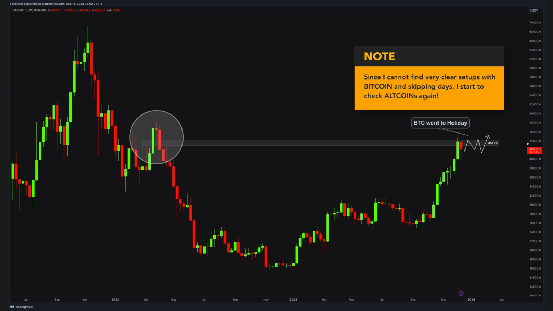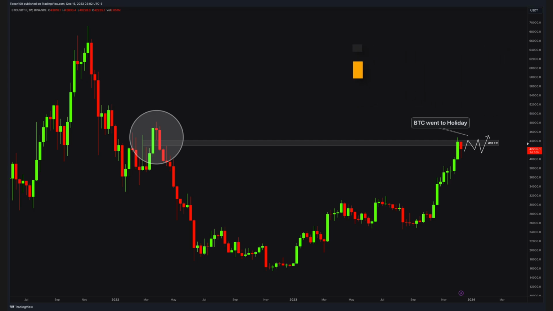I find myself skipping most days, even though I am a big supporter of trading a minimum amount of pairs. Nowadays, I switch to trading altcoins because they have amazing and simple setups. Trading altcoins could be temporary for me until I see some clarity with Bitcoin. So, let's discuss trading altcoins for today.